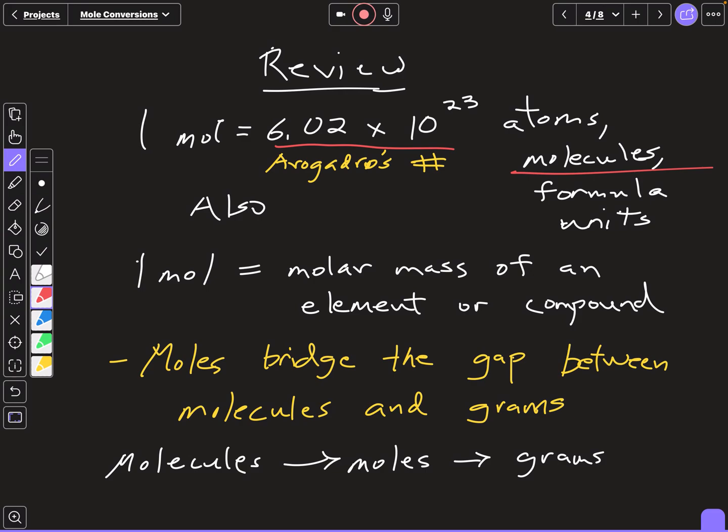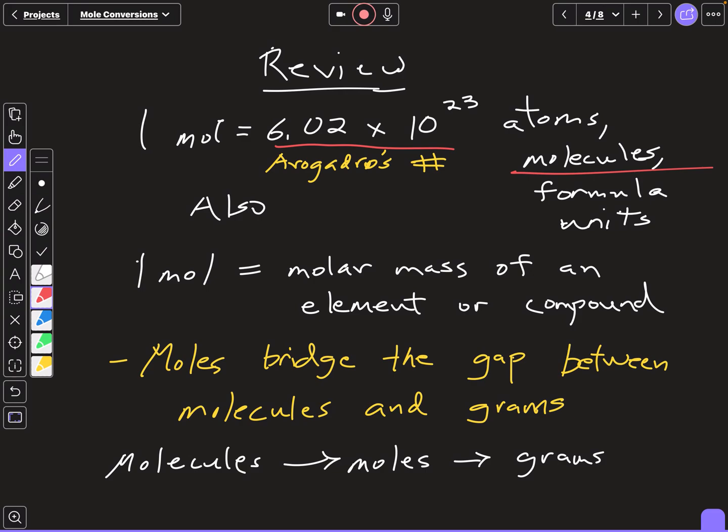So that's one way we define a mole, but that doesn't really help us because we can't see individual molecules. We can't pick out a molecule, we can't count them. So we need another unit besides molecules to be able to measure the amount of something. That's where moles and grams come in.